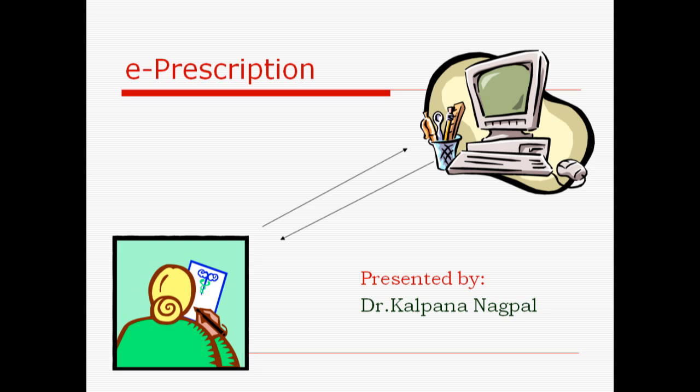Like, it will reduce the errors with handwriting problems. Generally, the doctors who write the prescription do not have very clear handwriting. So by electronic prescription, these handwriting related issues can be sorted out.